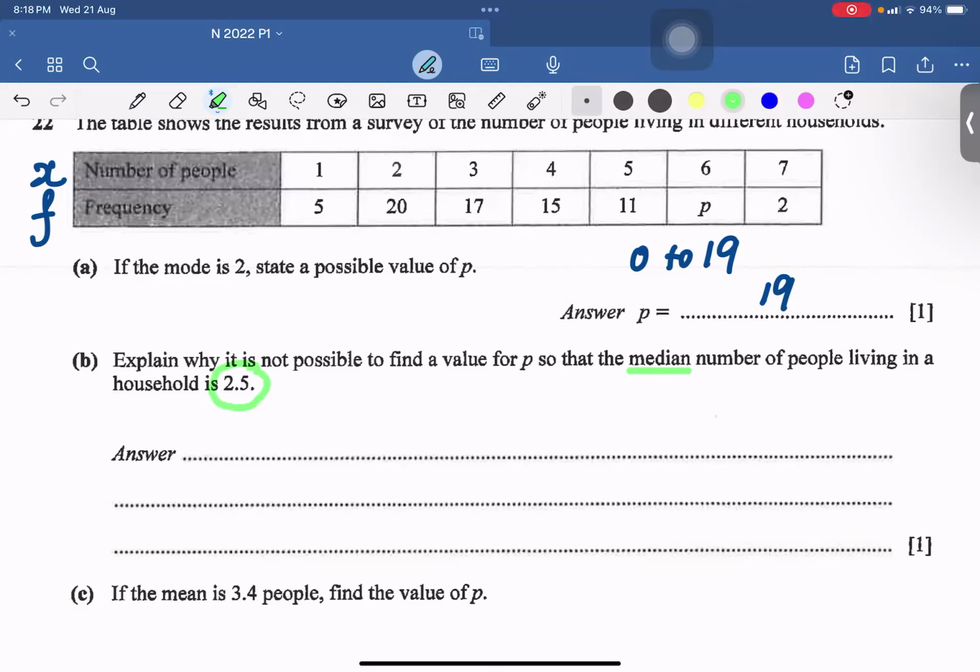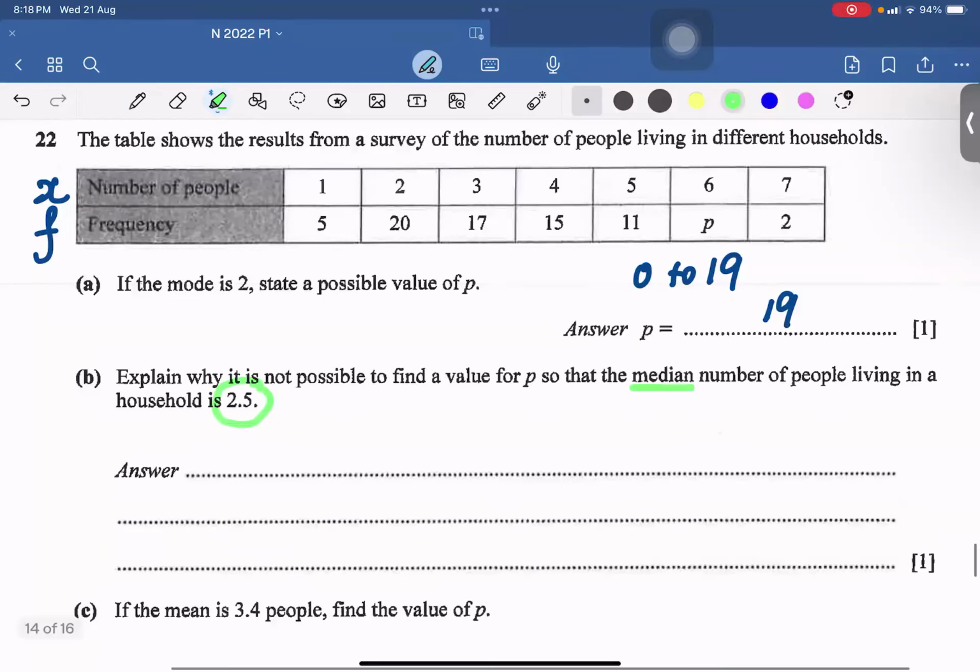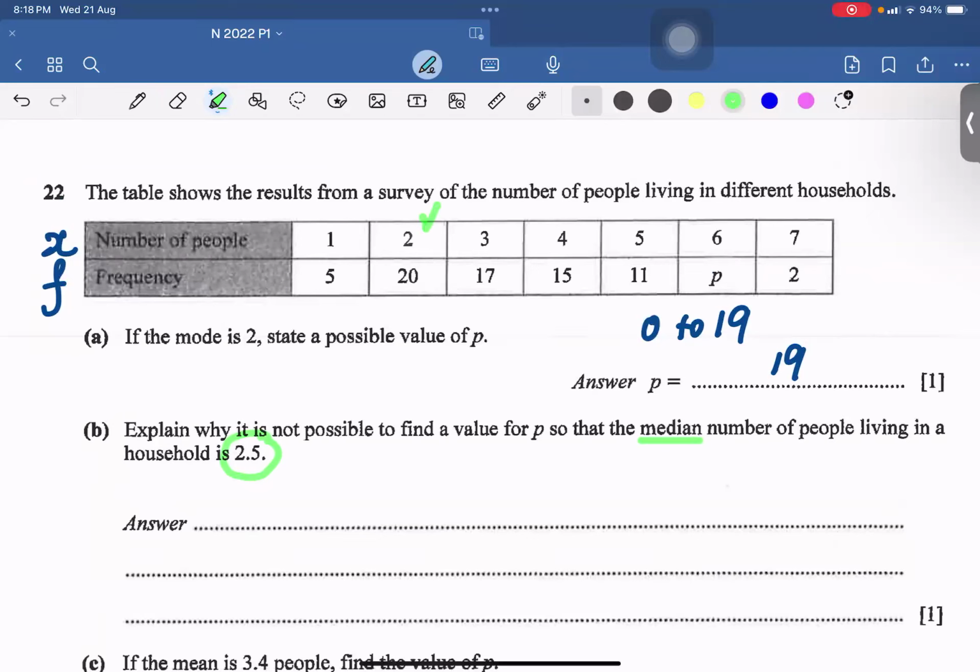Median 2.5 means it is in between 2 and 3. So if I have this median, it will cut the data exactly into 2 halves.